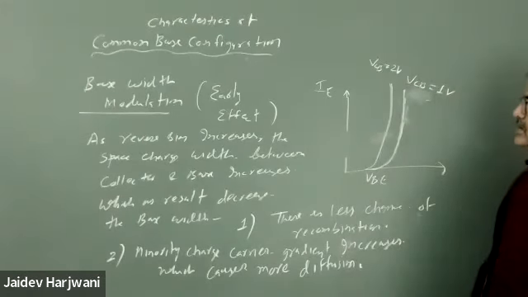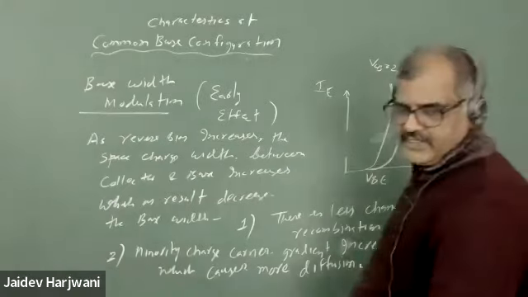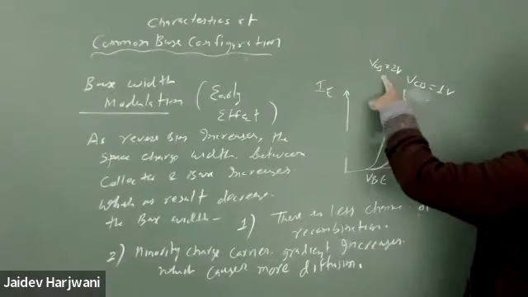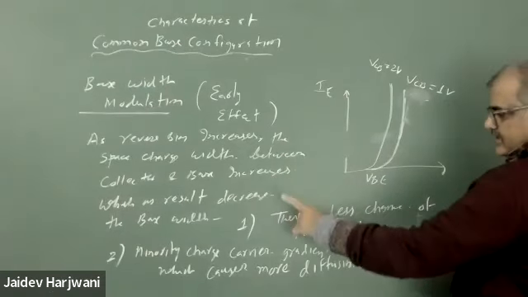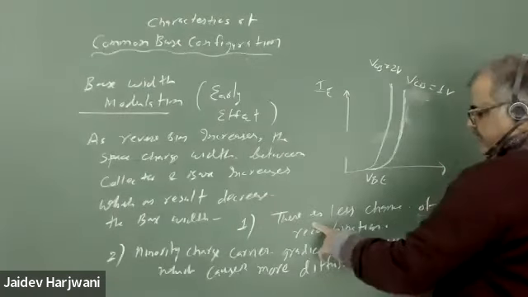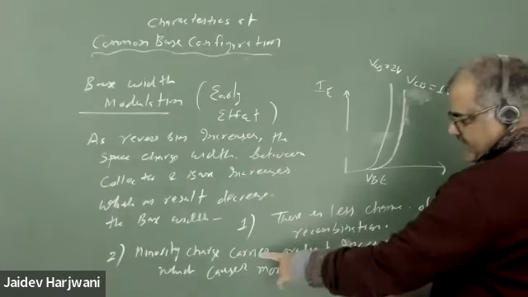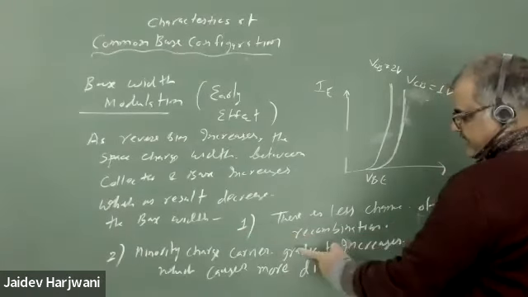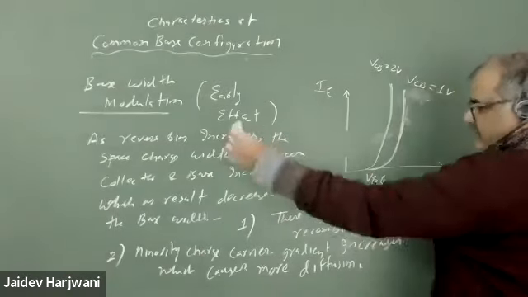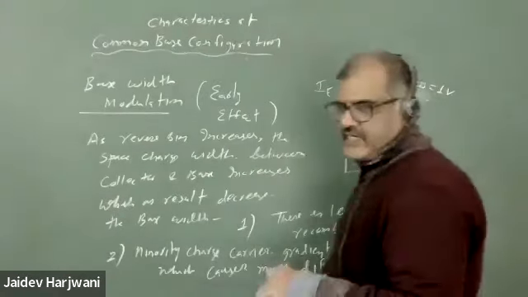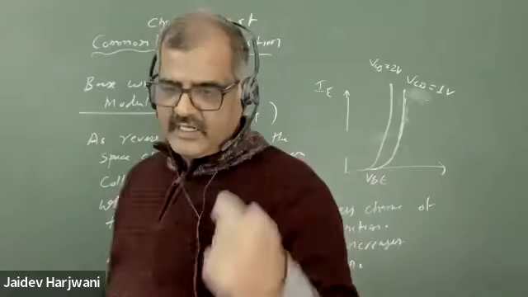So as you increase the reverse bias, the base width decreases, which results in less recombination. As well, the second point is that the minority charge gradient increases towards this region, which causes more diffusion, as I told you in the beginning.